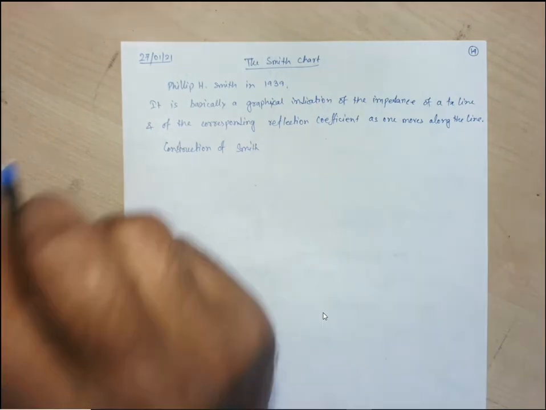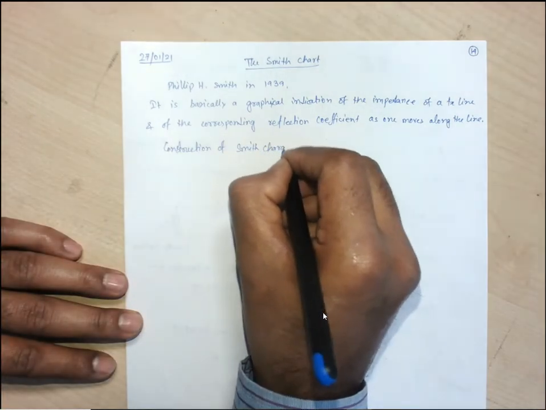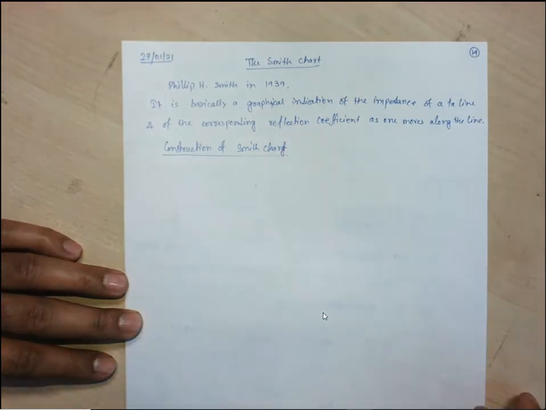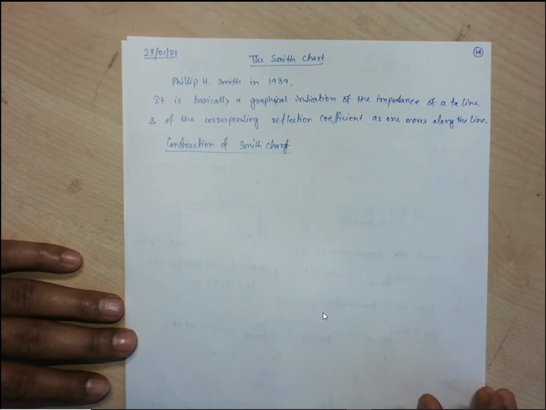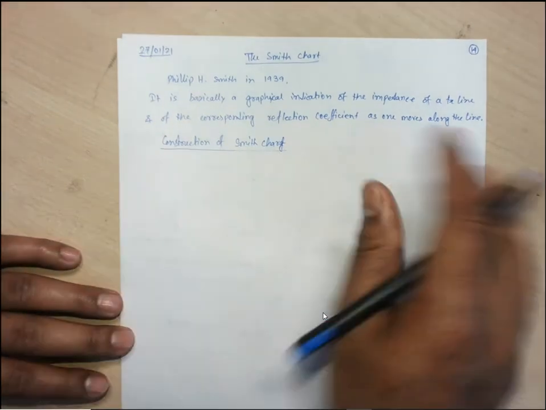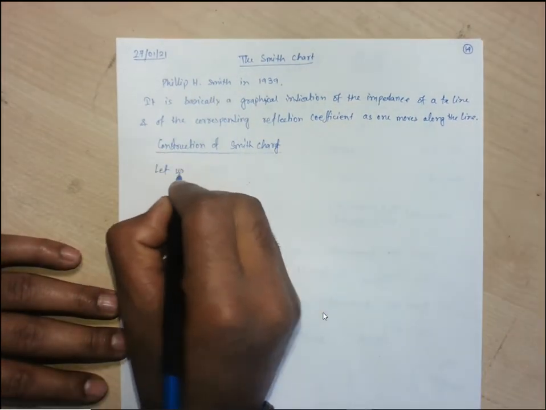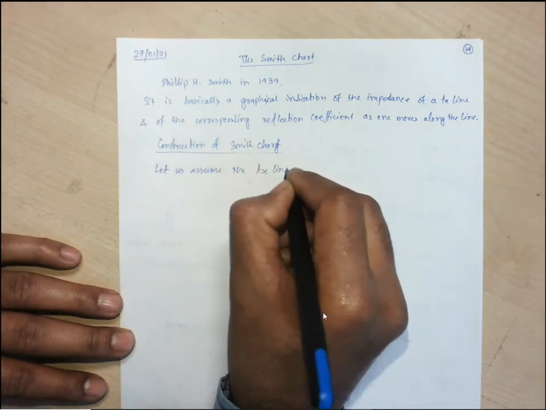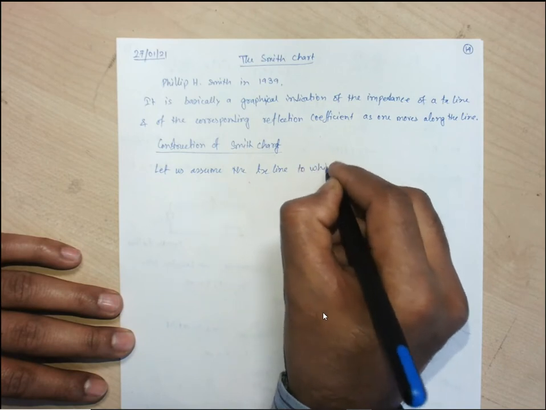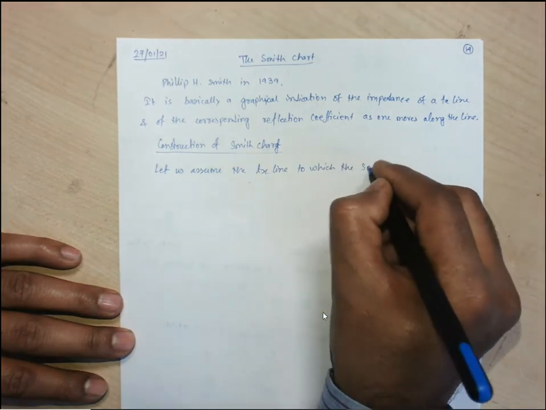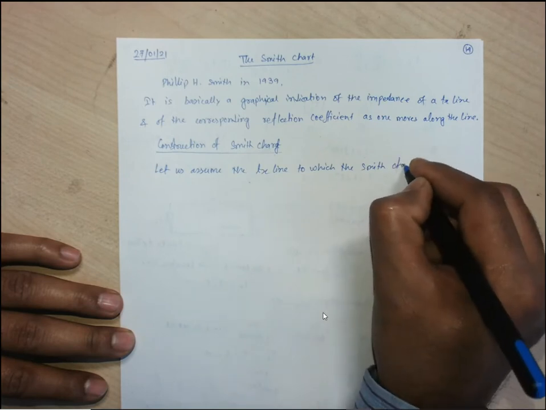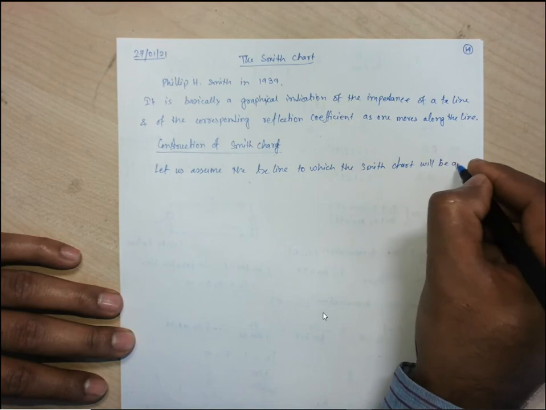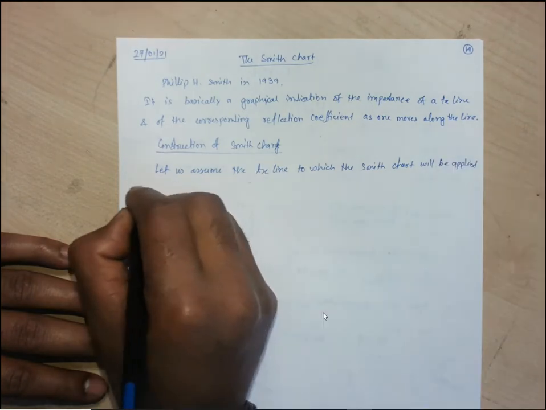How we can construct this Smith chart depending upon different line characteristics. Line characteristics means with respect to the reflection coefficient and the impedance. So let us assume the transmission line to which the Smith chart will be applied is lossless.